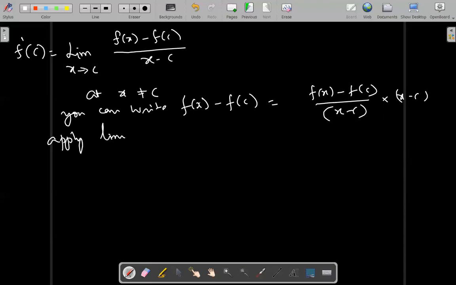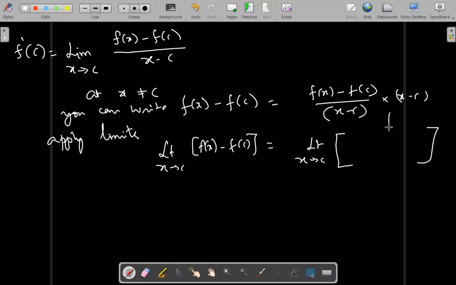Apply limits. That means limit x tends to c of f of x minus f of c on the left side. Here limit x tends to c, same thing, f of x minus f of c, the entire thing. So on the left side, he opens the bracket: limit x tends to c f of x minus limit x tends to c f of c equal to, on the right side he distributes the limit.